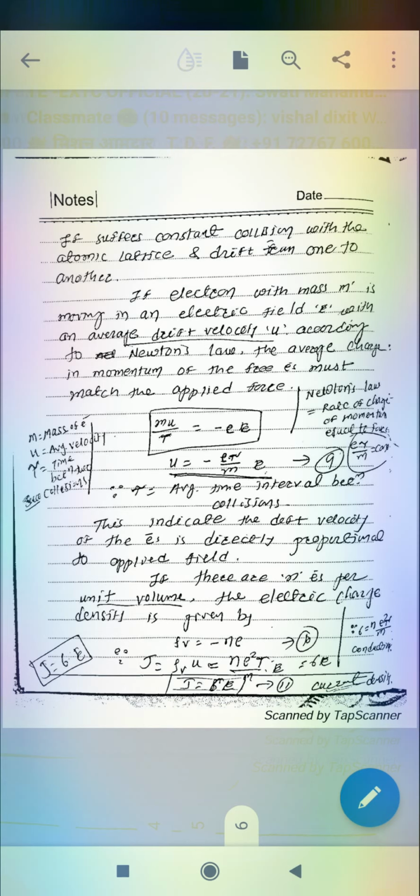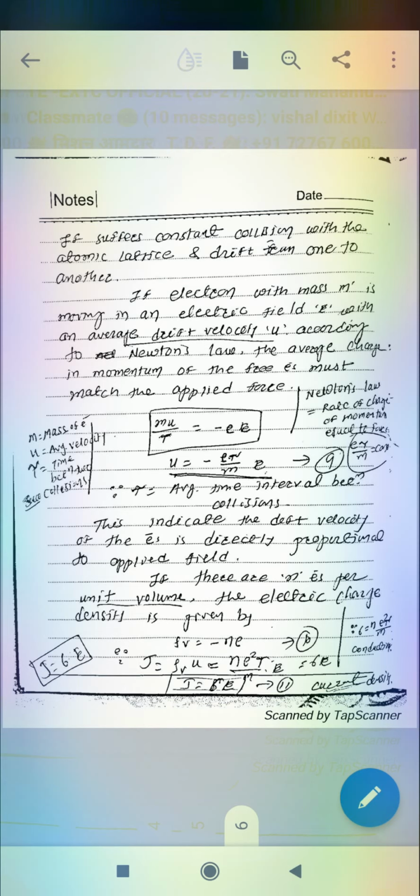Say this is equation number 10. We know that the current density is given as J, which is equal to rho v into u.